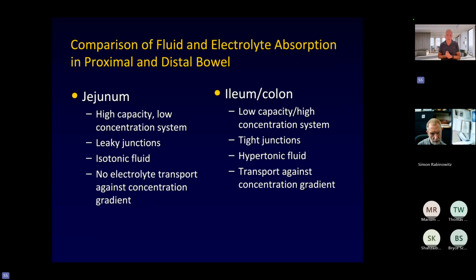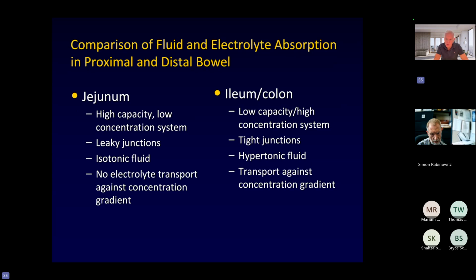What part of the small bowel is resected? Well, the jejunum is a high capacity, low concentration system. The junctions between cells tend to be leaky, allowing for paracellular uptake. The fluid in the jejunum is isotonic, and there is no electrolyte transport against the concentration gradient. The ileum and colon are significantly different in terms of their functioning.